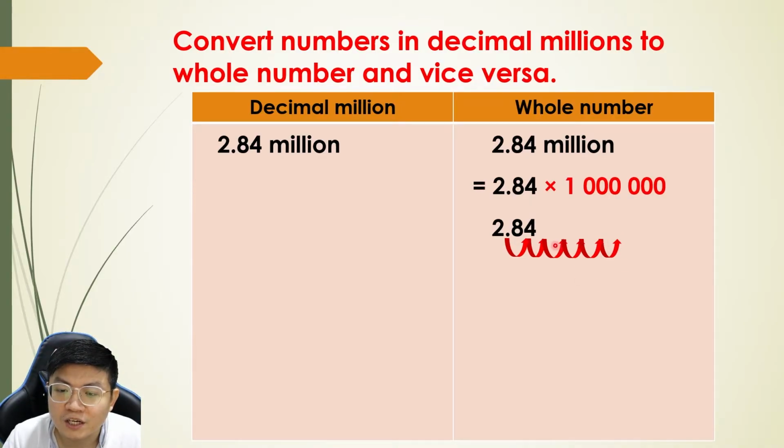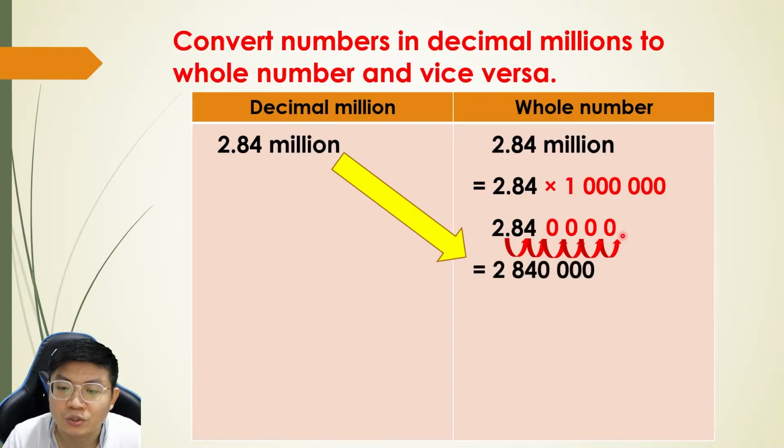The holes generated by the move, I insert 0. This point is already moved to here. Therefore, your answer is 2,840,000. All right.